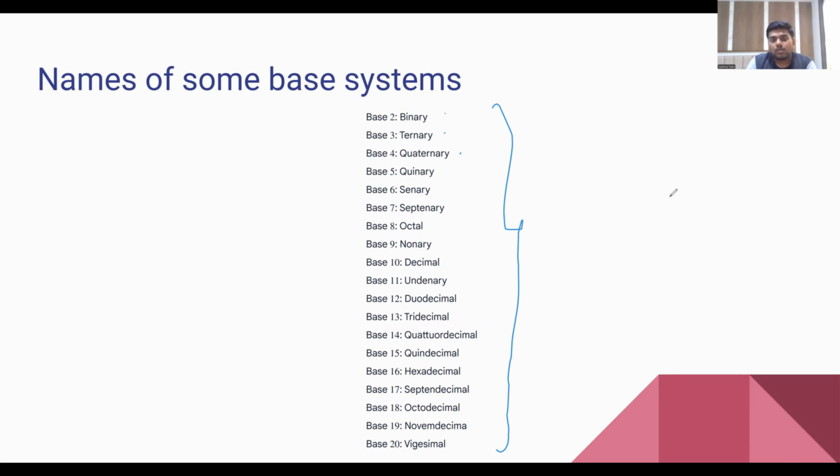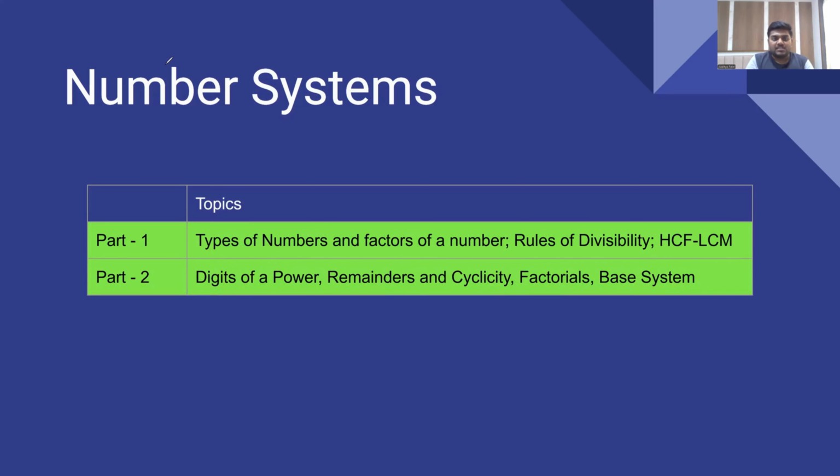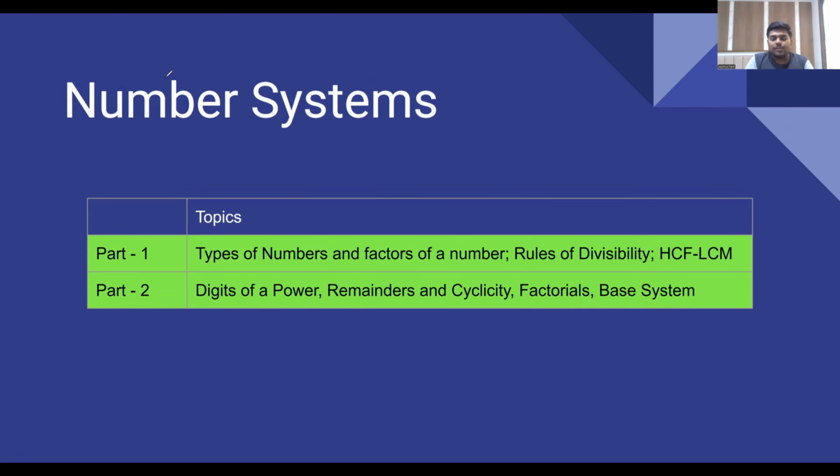If any question includes this number system convention, you will be able to solve it accordingly. That is pretty much it from this particular video, as well as this particular module of number systems, wherein we have covered all the topics that are in the syllabus of number systems.